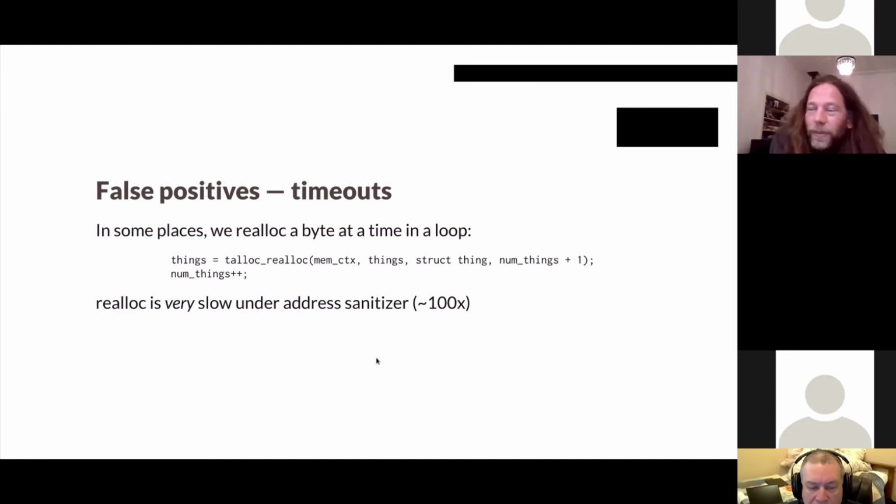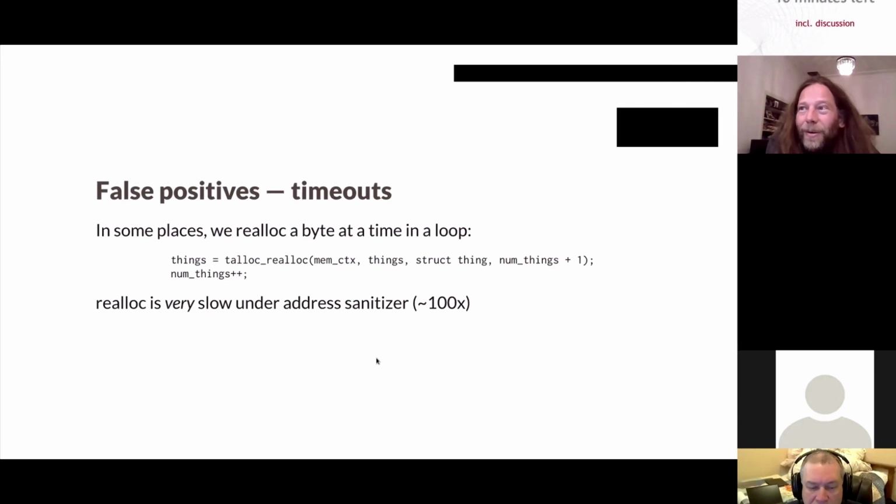We often get false positives from things where we're growing a list or an array, and we don't expect that we're going to add 10,000 things, so we add them one at a time with a really conservative little realloc. Address sanitizer's realloc is super careful, and libc's one is not.